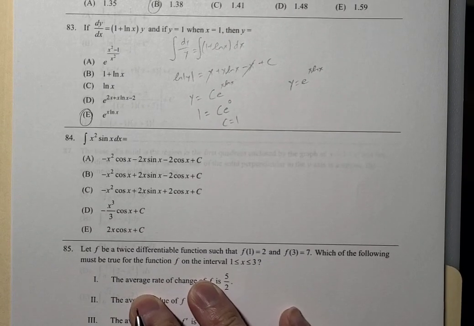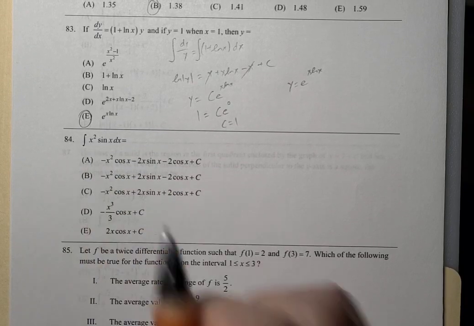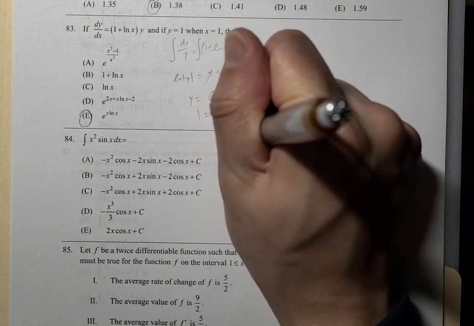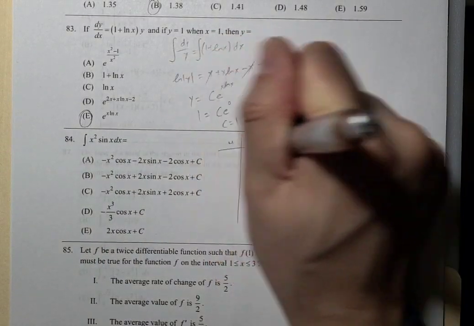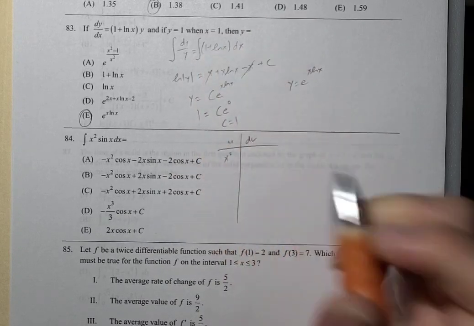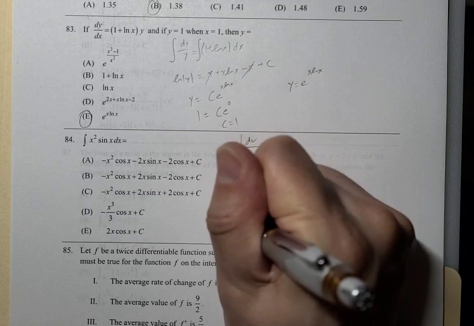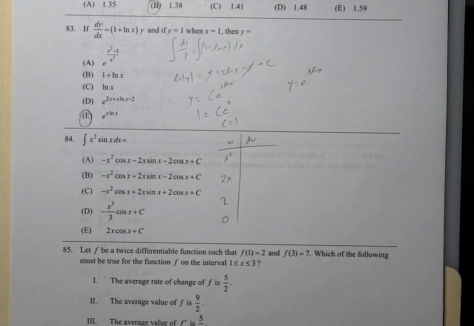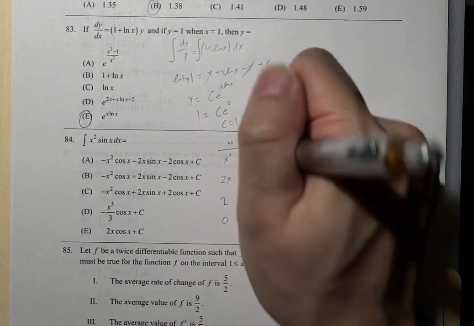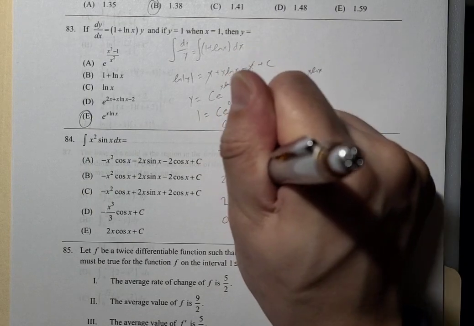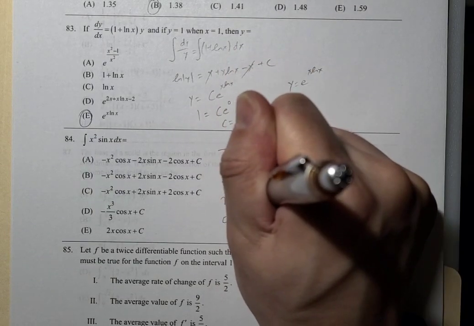This guy is by integration by parts. Okay, you should be able to recognize that. I'm just going to do the tabular method. We choose u as x squared, because if we differentiate continuously, it'll eventually go to 0. Okay, dv is what's left, sine x. We integrate just as many times.